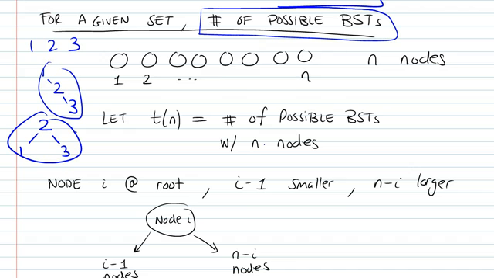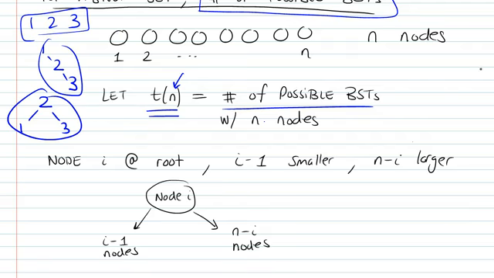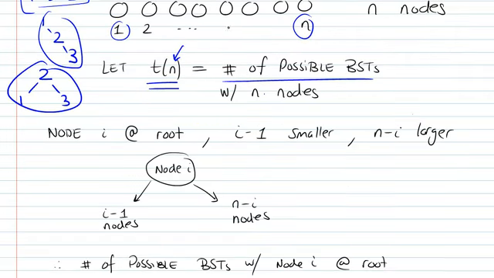So how many such possibilities can we find for a given set of elements? The way to do that is to use a recurrence relationship. If we define T(n), where n is the number of elements we have in that set, as the number of possible binary search trees we could create, and we identify every single node by giving it an index from 1 to n, then what gives us all the multiple representations is taking every single node and assigning it as the root of our tree.